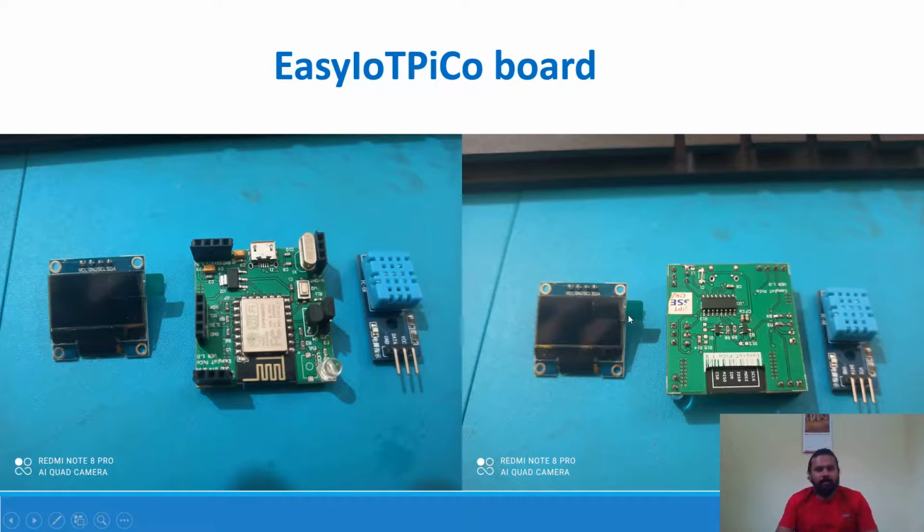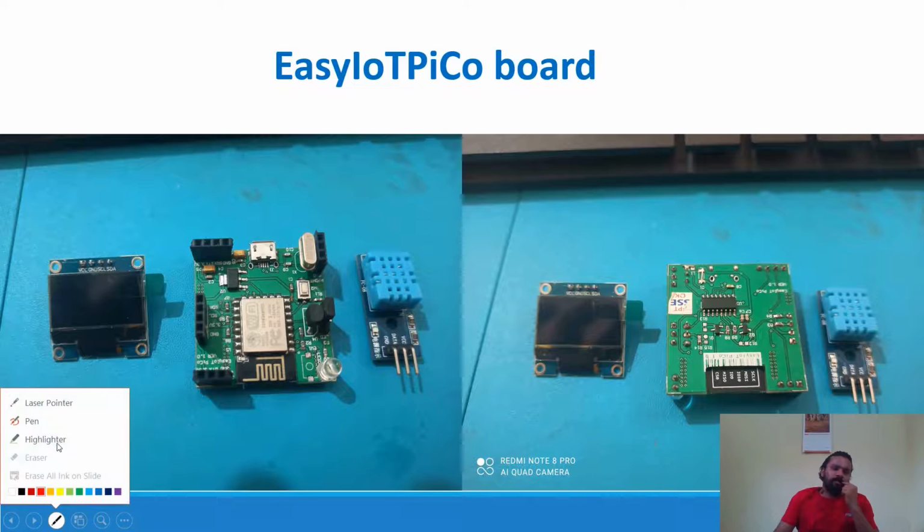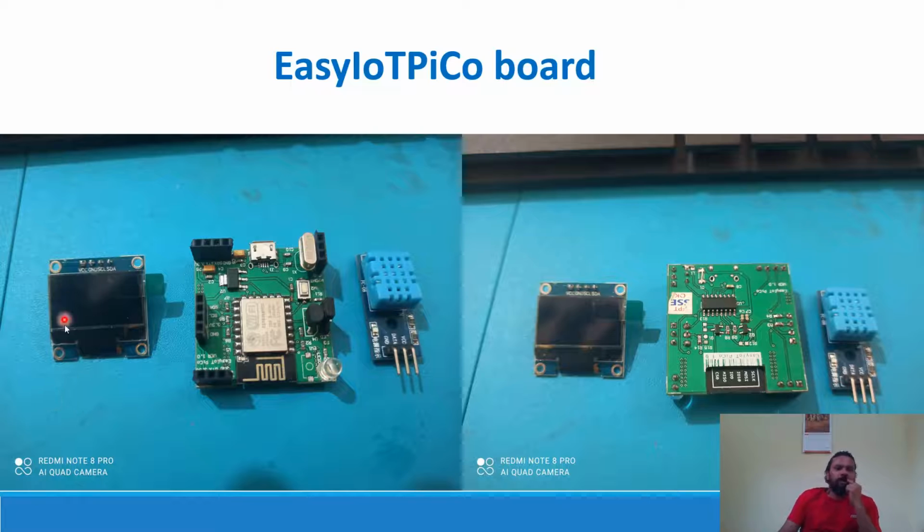So if you get back to the board, as I said, this board has an OLED display, a DHT11 sensor, then the ESP8266 Wi-Fi module, an LM35 temperature sensor, and a few voltage regulators here. And this is the back view where you will get that USB to UART converter, which is CH340.